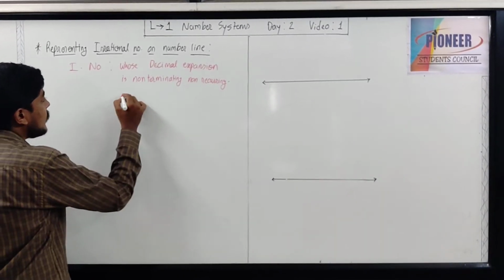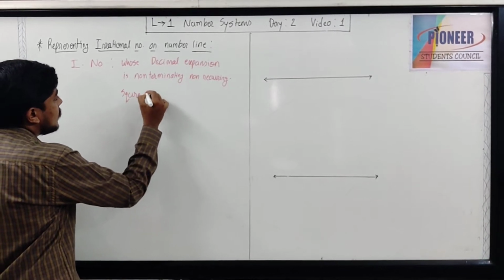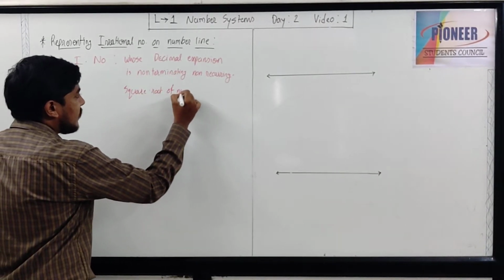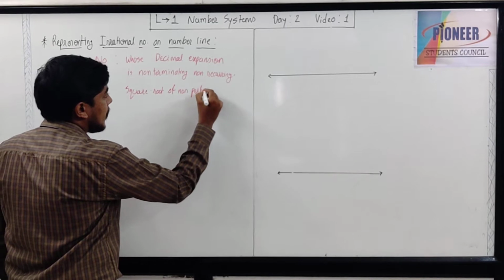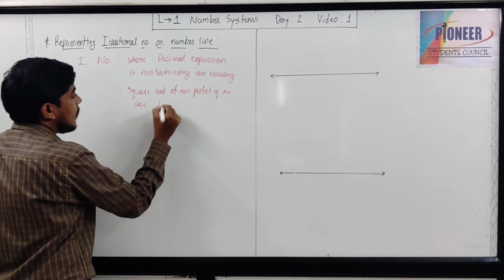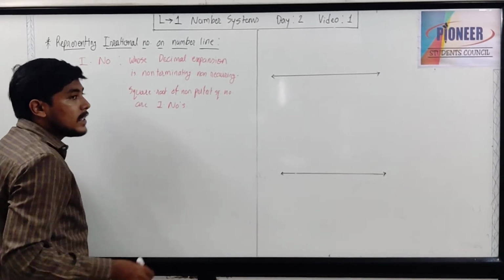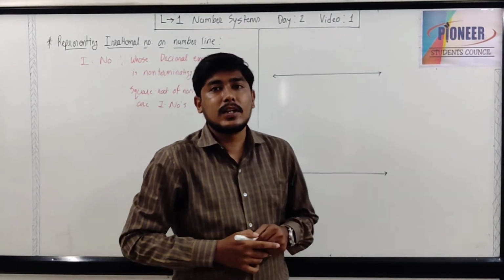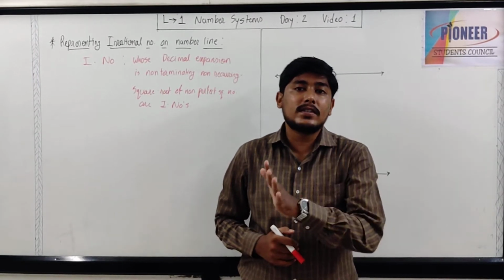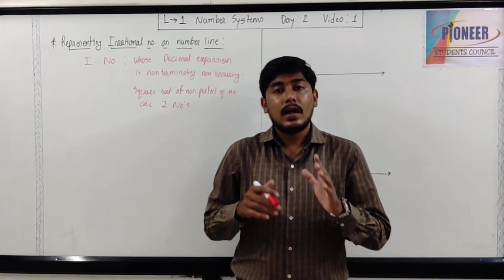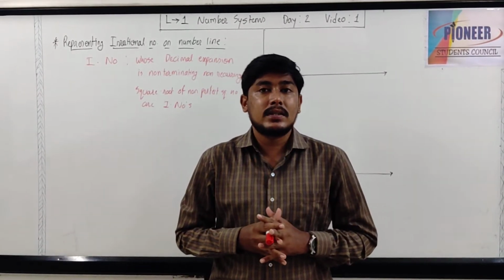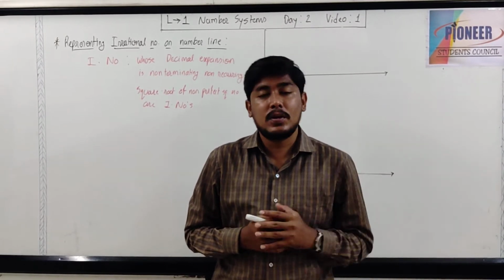Similarly, square roots of non-perfect square numbers are irrational numbers. Non-perfect square number means what? Numbers which are not the square of any other numbers. Such numbers are known as irrational numbers.